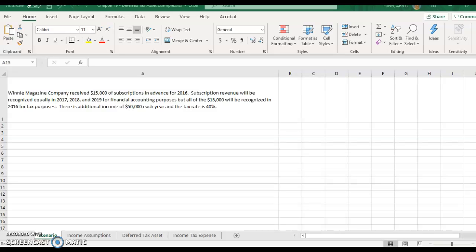We've already talked about a deferred tax liability, which arises when we recognize income for financial statement purposes before we recognize it for tax purposes, leading to a deferred tax liability, a liability for tax that will have to be paid in the future.